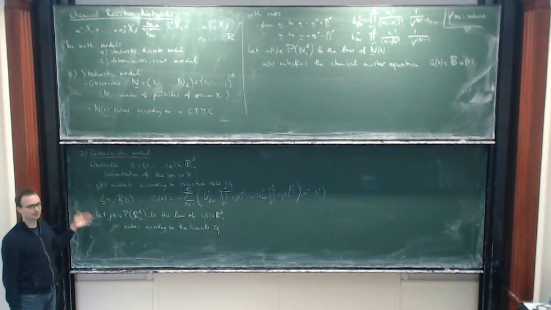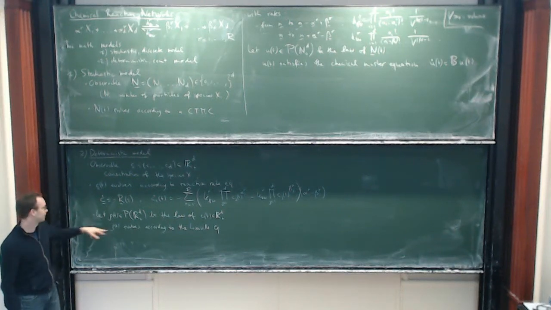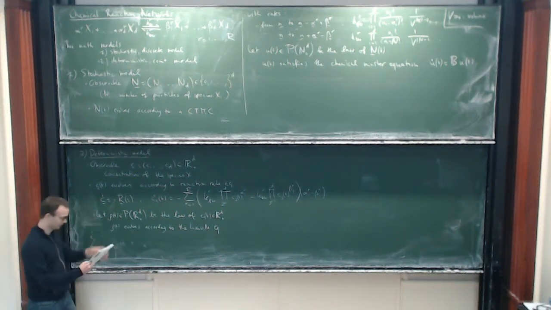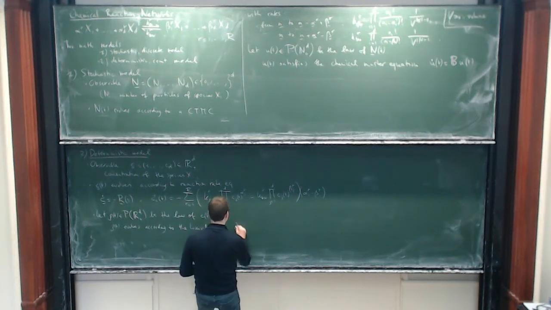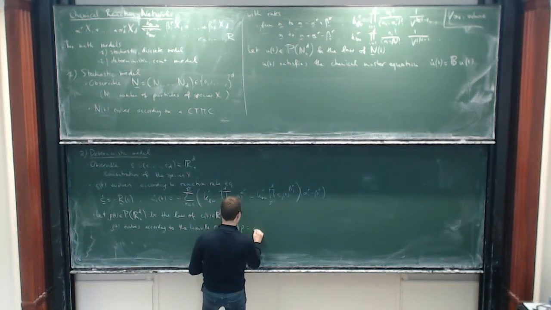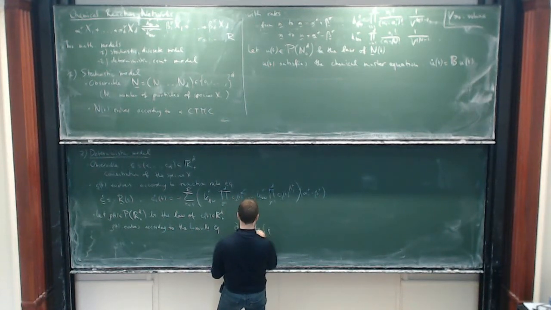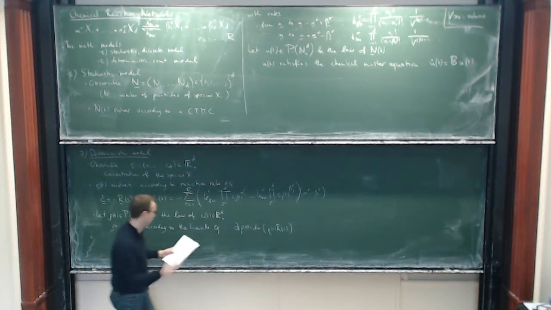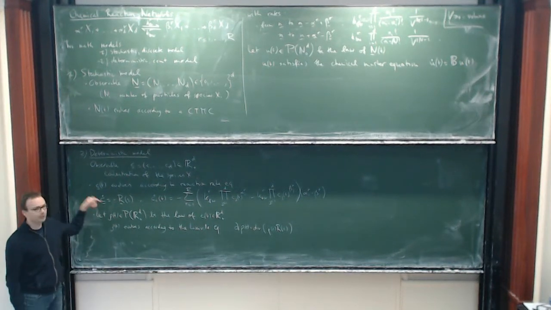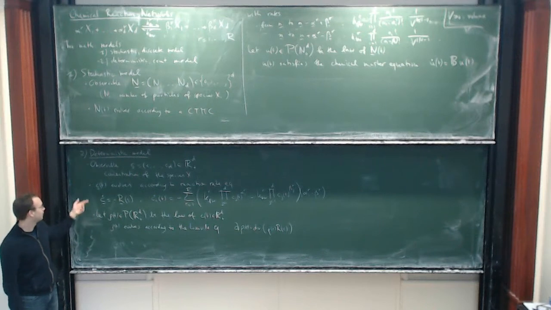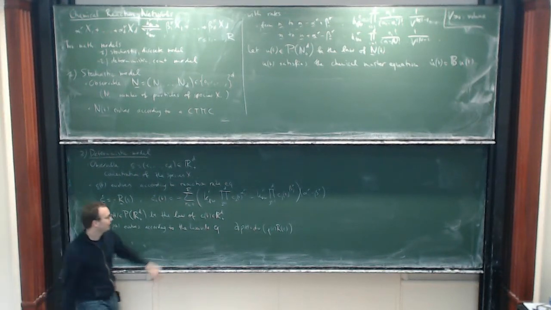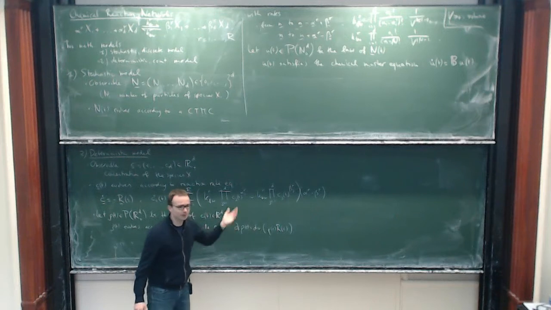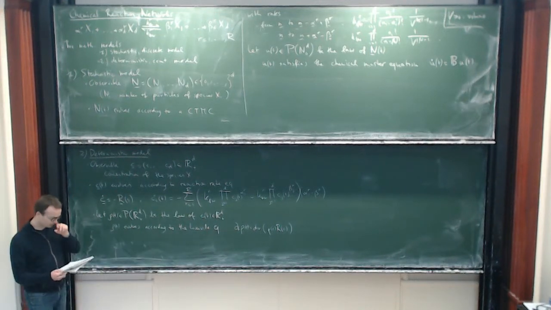If you have stochastic initial data, then it will be an arbitrary measure, and this measure evolves according to the following transport equation: dt rho equals the divergence of rho times the vector field. But of course, you're perfectly right: there's no randomness in the equation, so the only randomness can come from the initial condition. Only in this case will this be a non-trivial measure, in the sense that it will not be a Dirac.